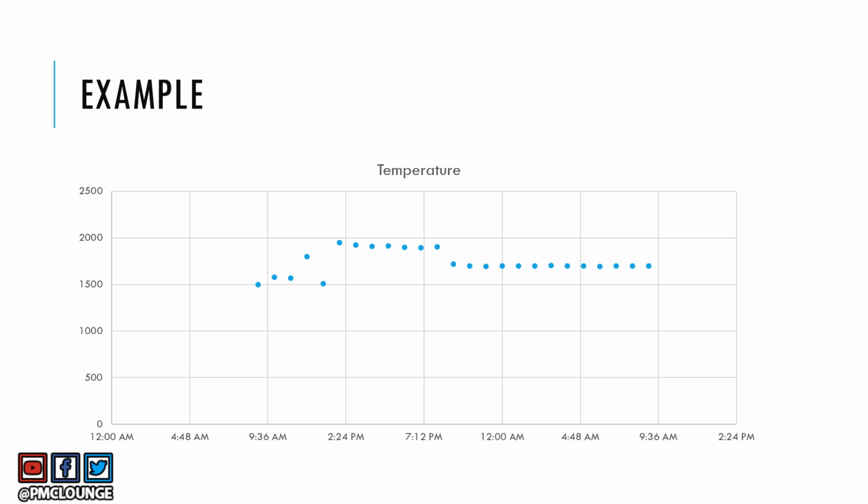So this is an example of a control chart. This is how your chart will look. To your left here, you have the entries of the temperatures, and below you have the entries for the time.